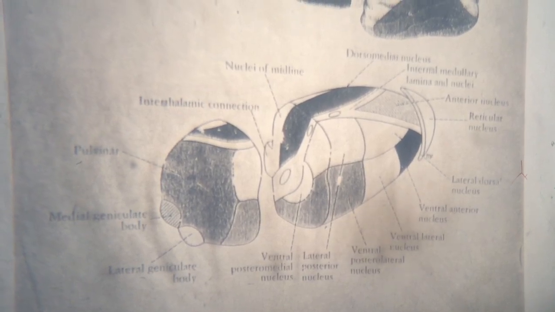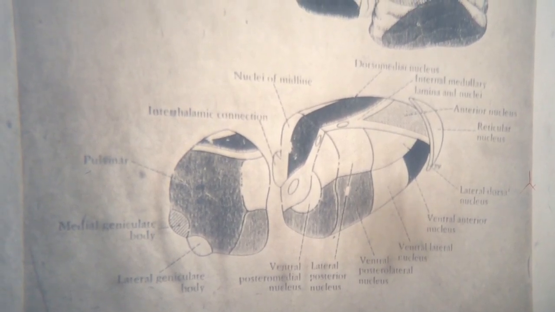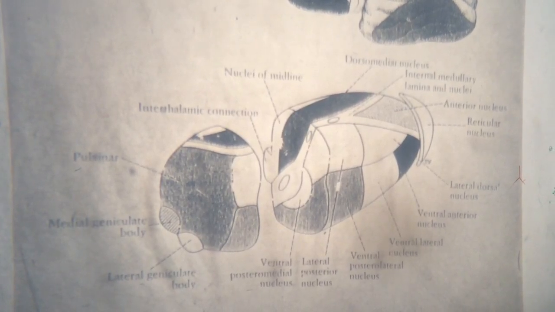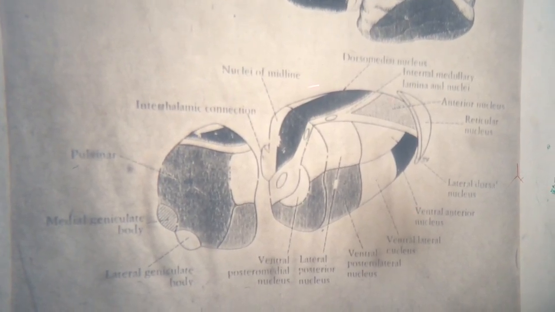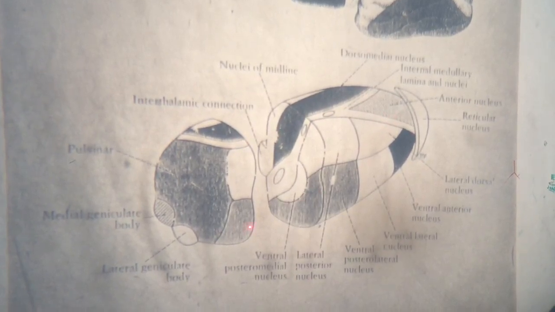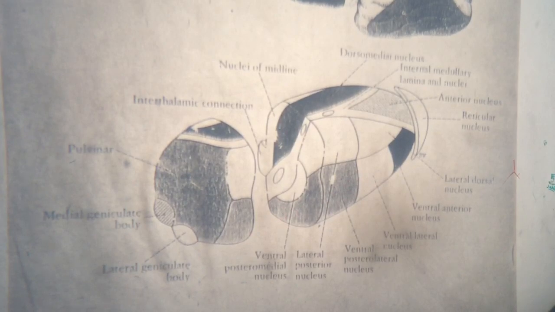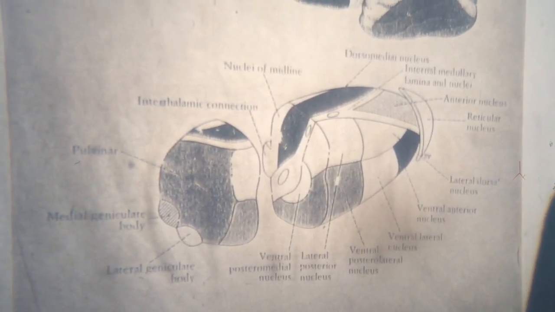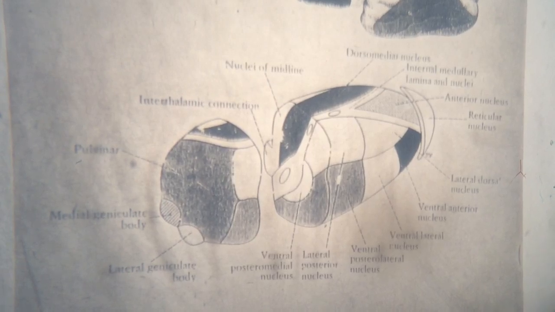So this was about the nuclei in the ventral group in the lateral part of the thalamus. These are the main nuclei in the anterior part, medial part, and lateral part of the thalamus. Now there are certain miscellaneous nuclei in the thalamus.